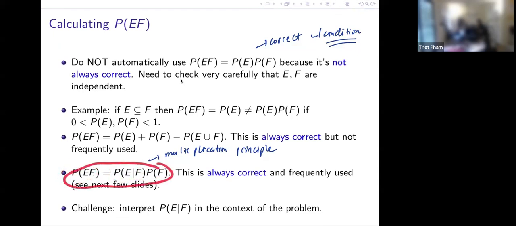So this looks suspiciously similar to the structure of P(E) times P(F), but it is not, because you're using P(E given F) here rather than P(E). And this could cause a lot of confusion, or you might get the right answer for the wrong reason.